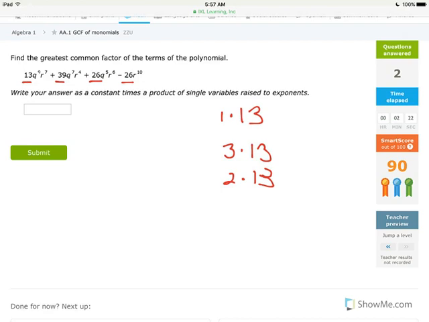And the other 26 would obviously be just a 2 and a 13. So between these different numbers, the 13, 39, and the 26, what do they essentially have in common? The common number between these three numbers, these 4 different terms, is going to be 13. So we could just go ahead and say they're going to have a 13 in common.